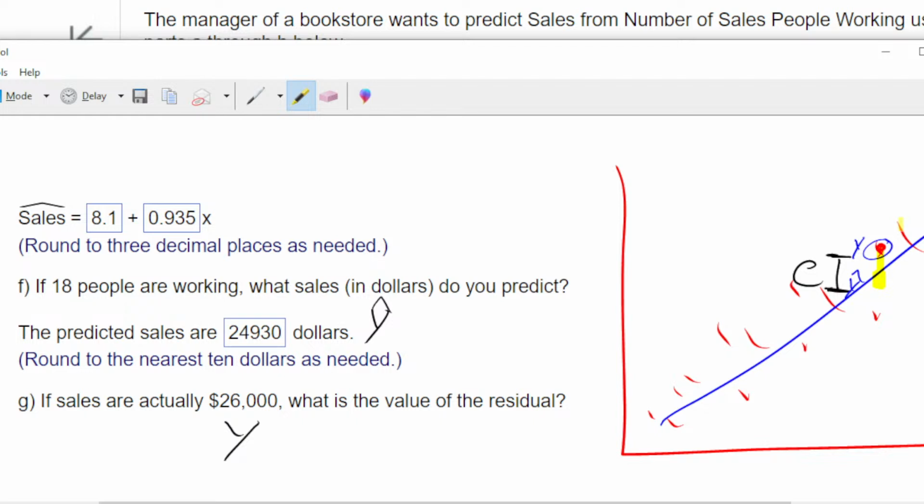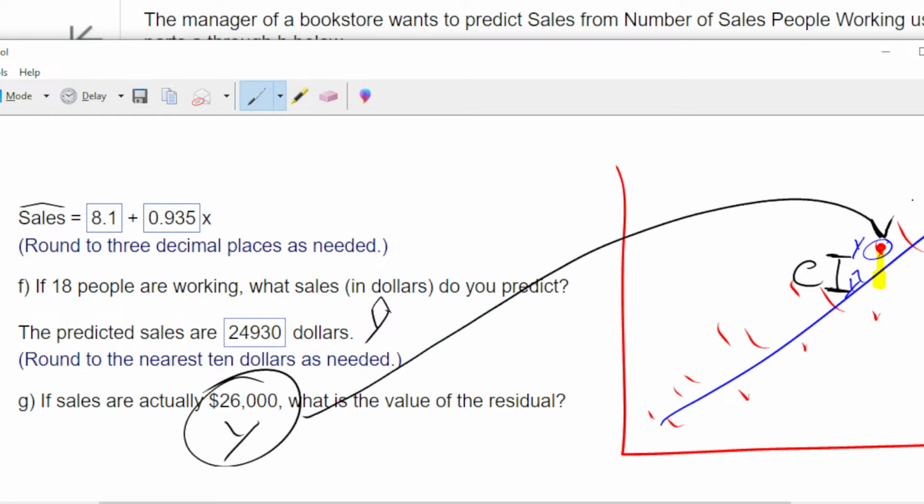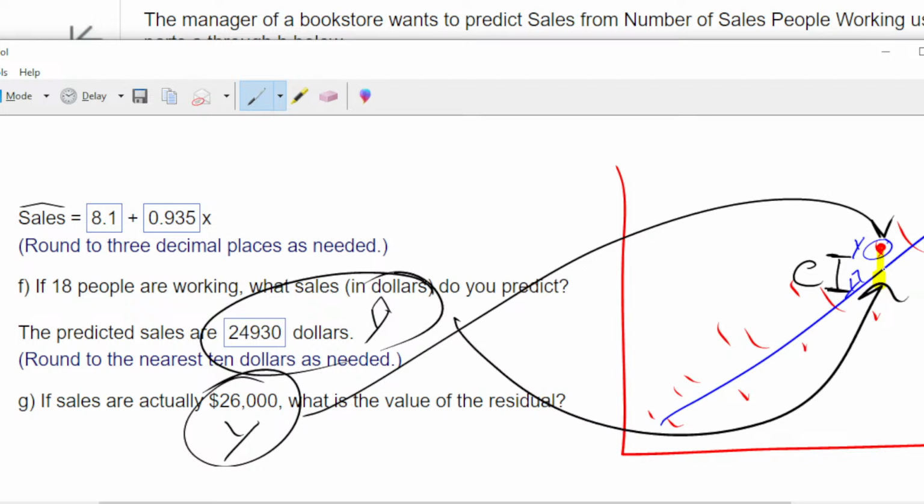So it's a positive difference. We can solve it out mathematically down below, but can you tell by looking at it? It's how much higher, because we know that the actual is higher. The actual is the point itself. The prediction is the line itself, and the residual is their difference, how far they are away from each other.